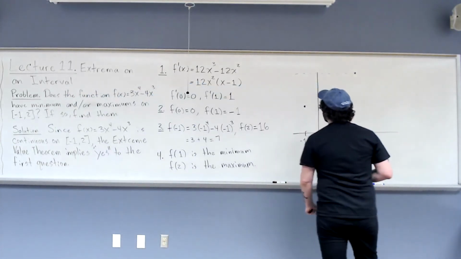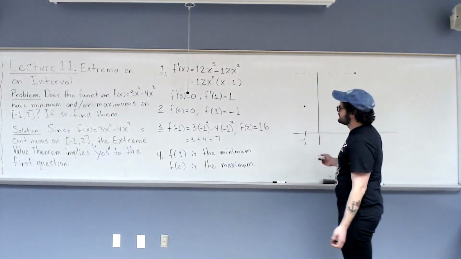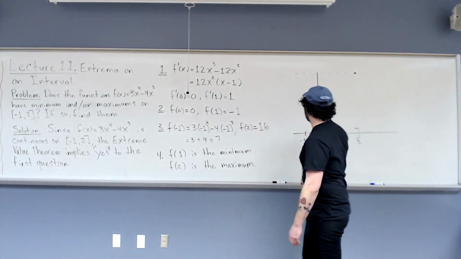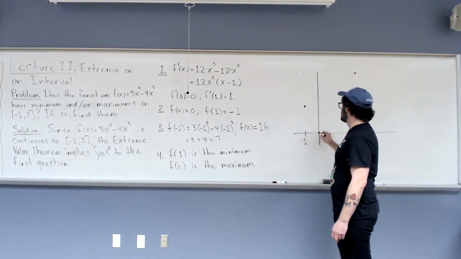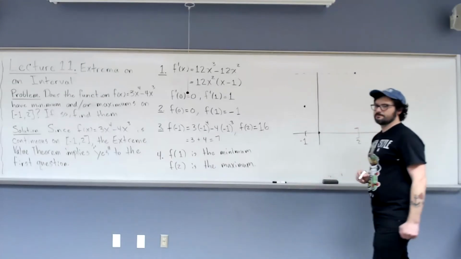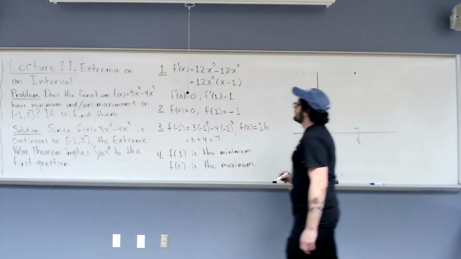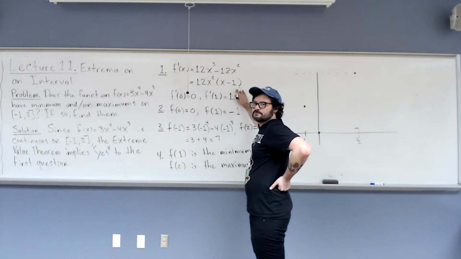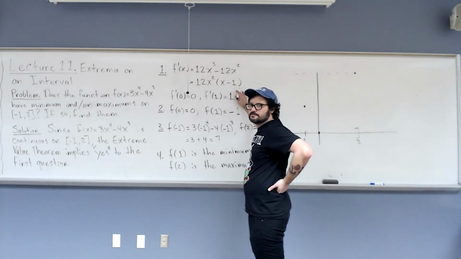So maybe like at 0, right? What's the function's value at 0? It's 0, right? It's like right there. Okay. So we know that the derivative at 0 is equal to 0, right?